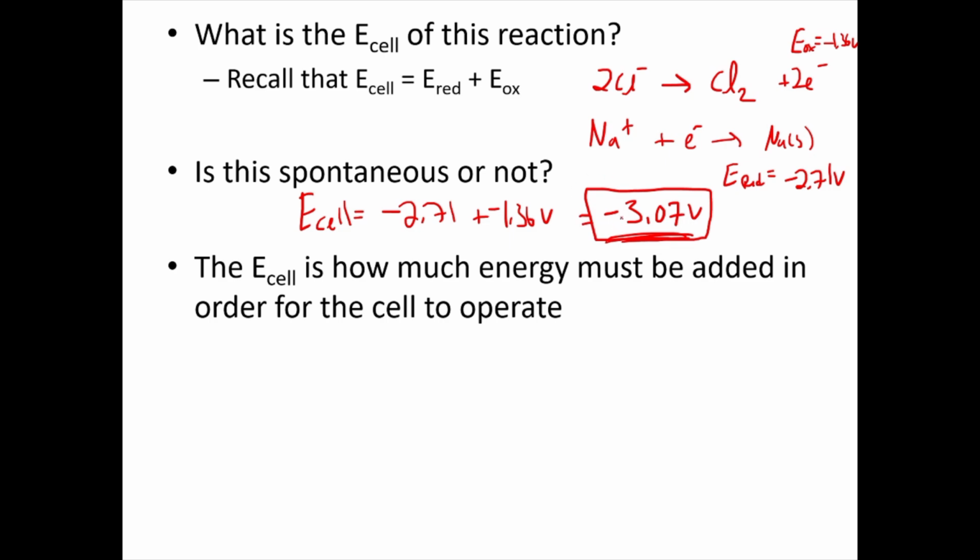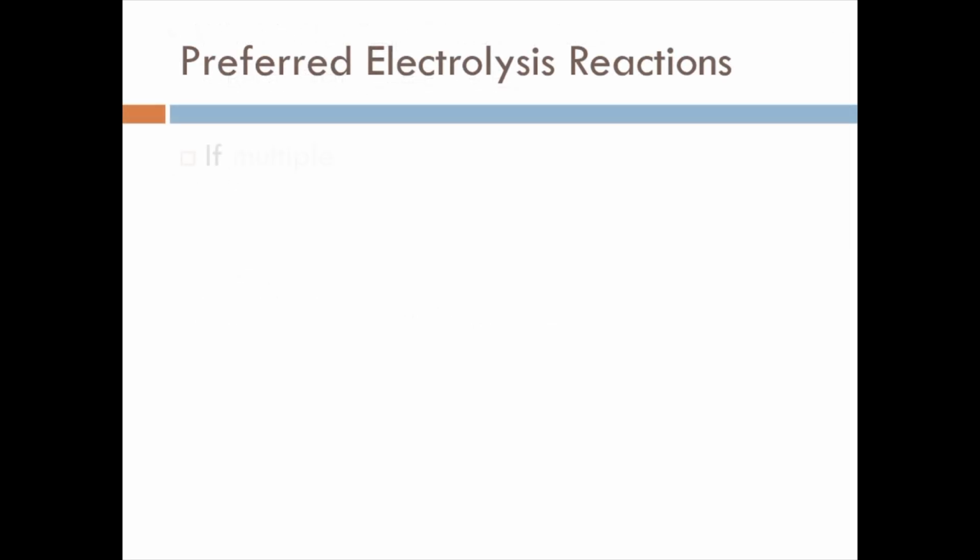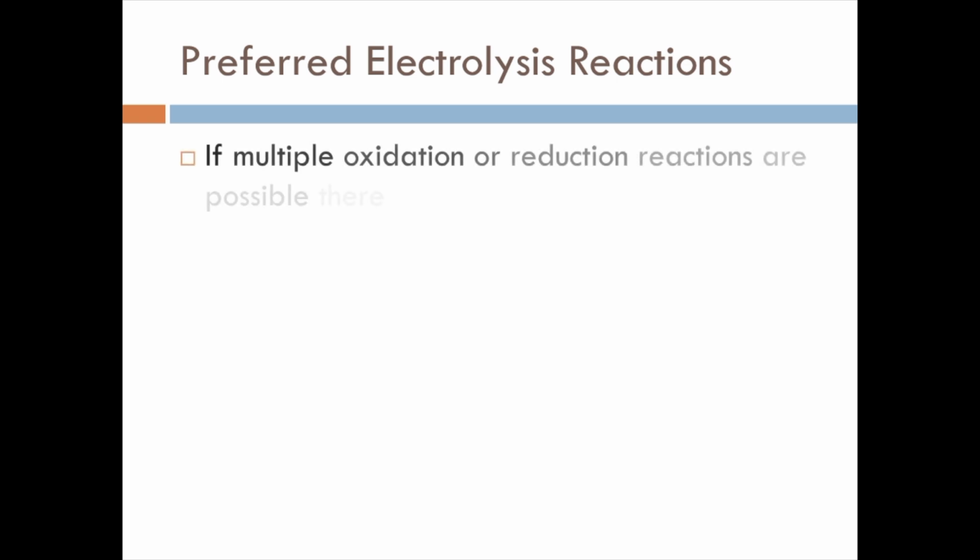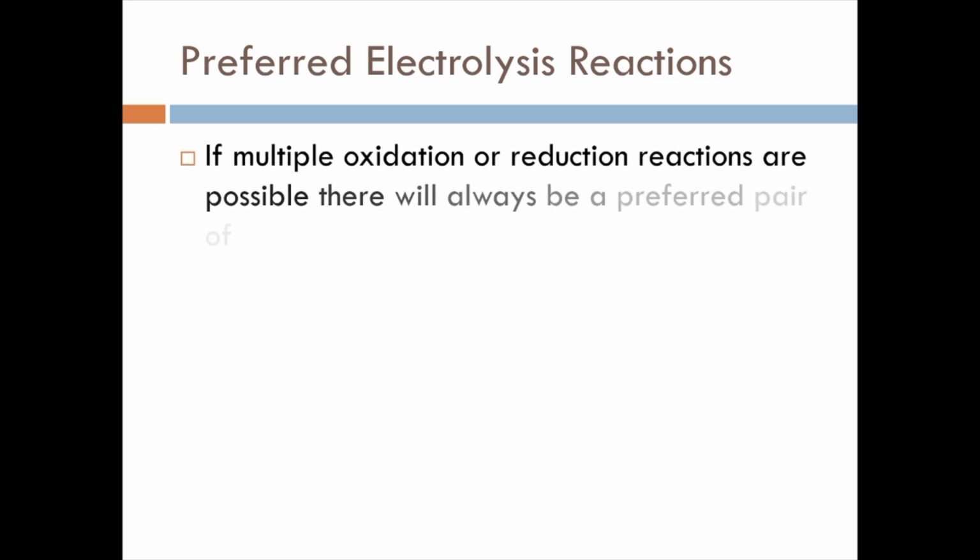So if I supply this particular cell with this much voltage, I can force the chlorine ions to make chlorine gas, and I can force the sodium ions to make solid sodium. It doesn't normally happen in nature, but with a little bit of help from us, we can get this reaction to work.